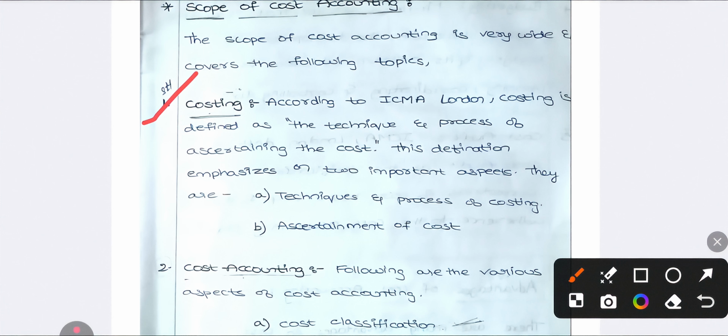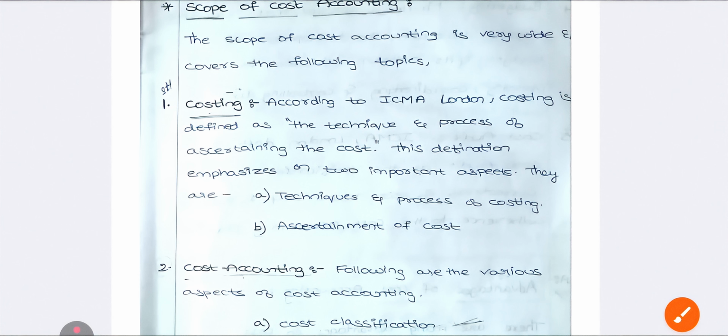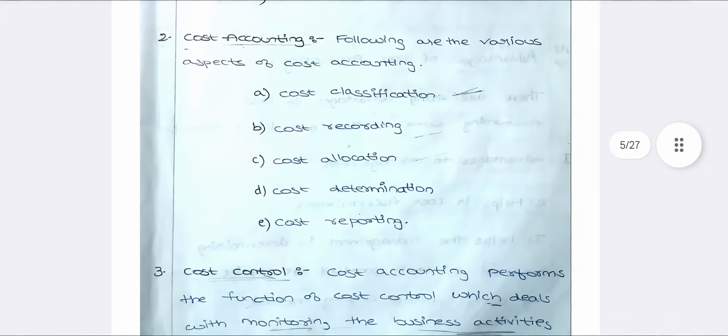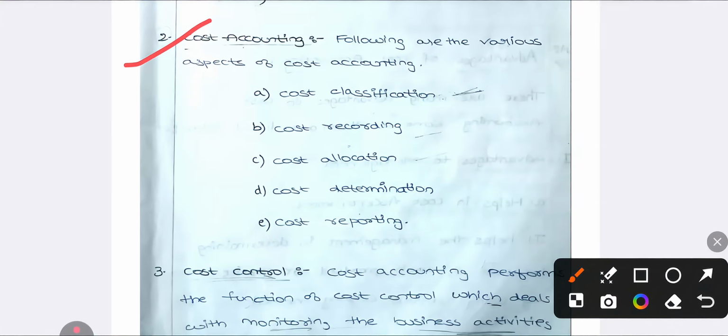It will give the techniques and it will ascertain the cost. As I said, ascertaining the cost is nothing but segregating the cost, where it is ఎక్కడి నుంచి వస్తుంది మనకి కాస్ట్, ఎక్కడి నుంచి మనకి ఎక్స్పెన్స్ వస్తుంది అనేది చెప్పడం జరుగుతుంది. ఓకే, నెక్స్ట్ వన్ కాస్ట్ అకౌంటింగ్ ఈజ్ నథింగ్ అబౌట్ ది క్లాసిఫికేషన్, meaning you are dividing, recording and allocating, determining and reporting.